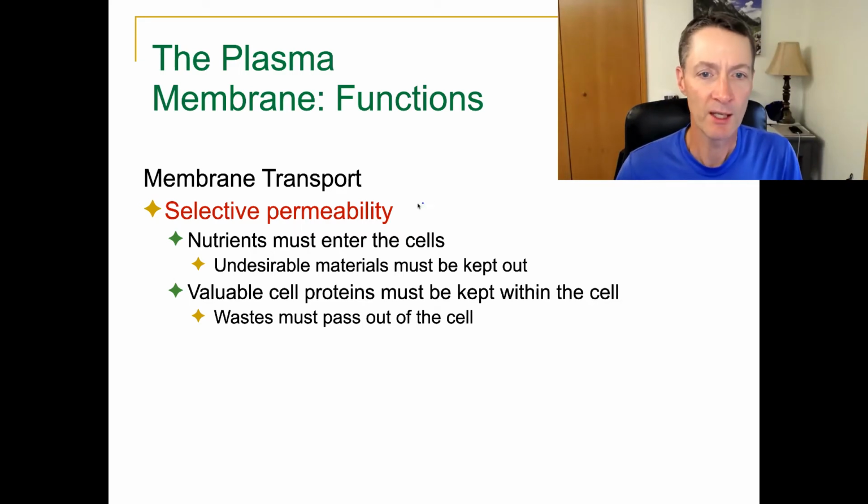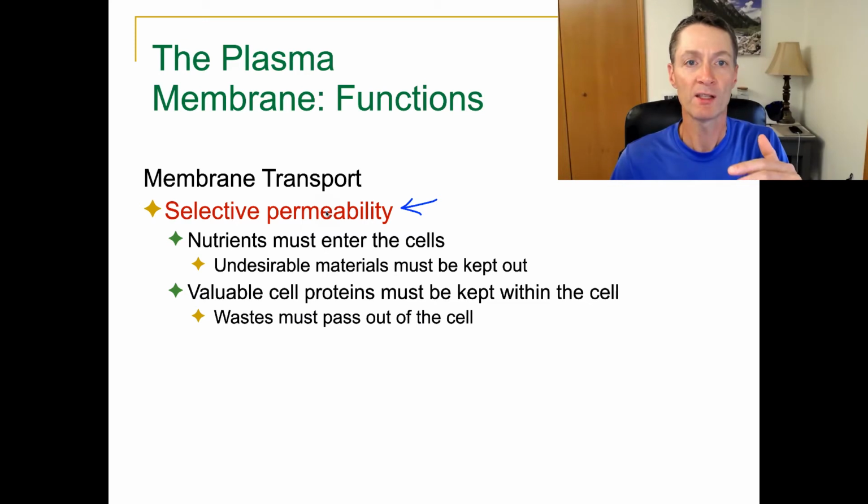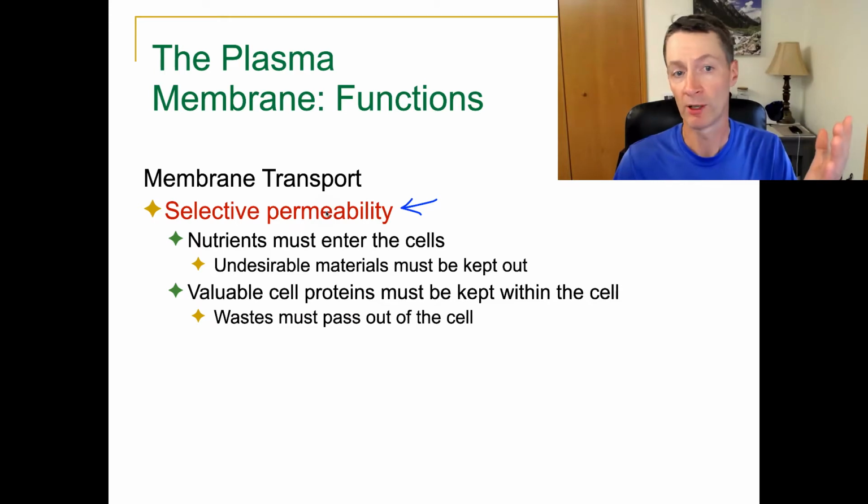So, key term here, this phrase, selective permeability. You want to have a good definition. It's the selective property of the plasma membrane to maintain its integrity so that various items can be limited as to their moving across that boundary, right?